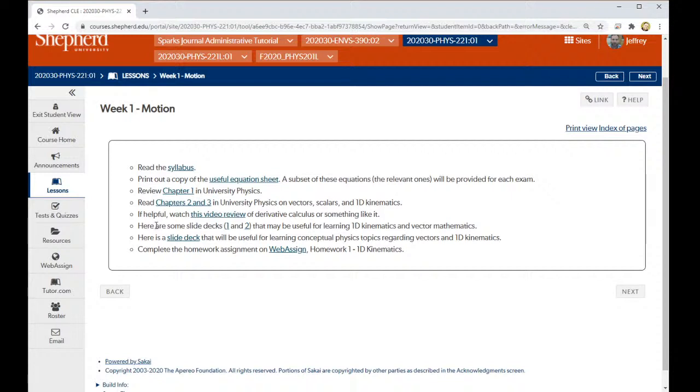This course is a calculus-based course. What does that mean? It means that calculus is a tool, but it's not used as much as algebra or trigonometry in the first semester. But some knowledge of calculus is important, especially derivatives in the first semester.